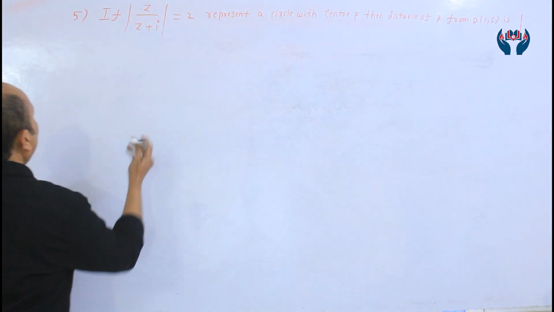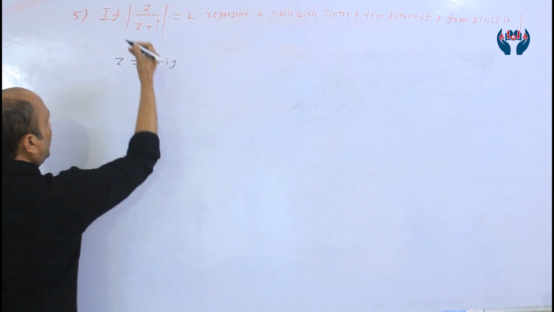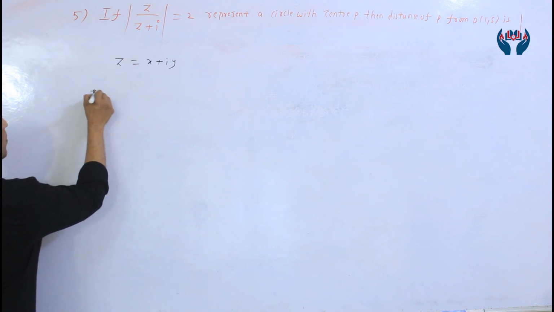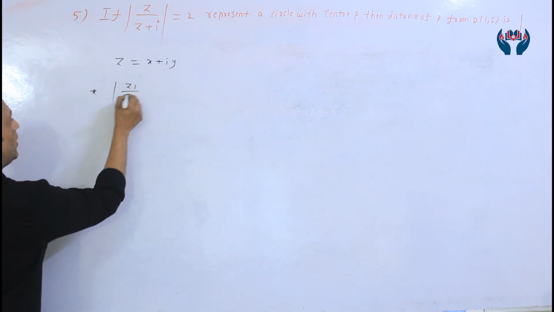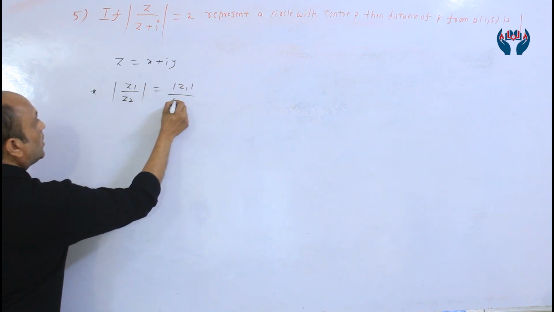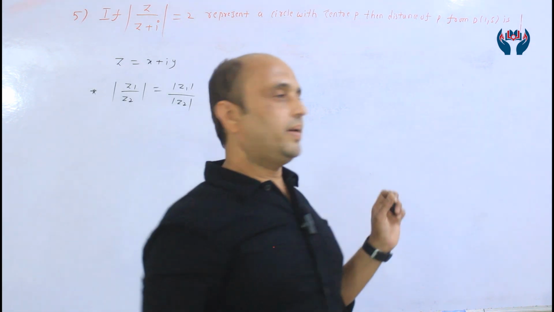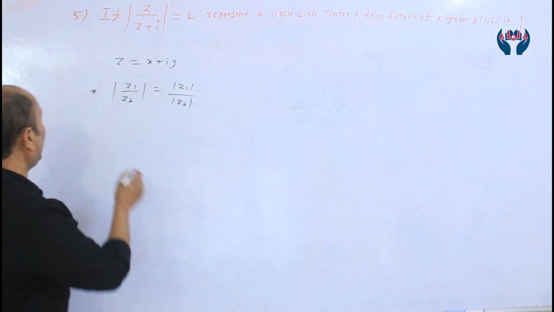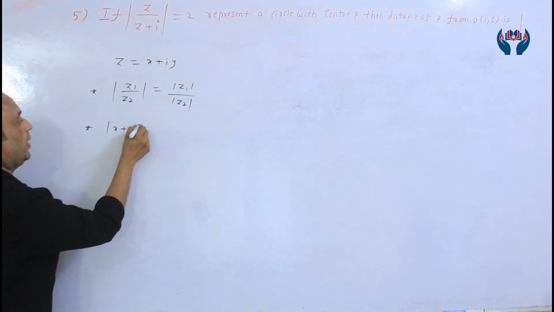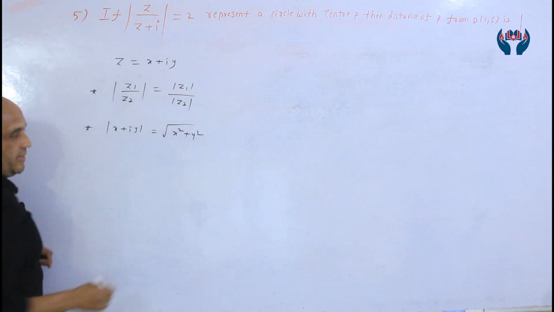Now assume that z is equal to x plus iy. First step, x plus iy. Here just apply these formulas: mod of z1 by z2 equals mod z1 by mod z2, and you already know the modulus of x plus iy is equal to under root of x square plus y square.